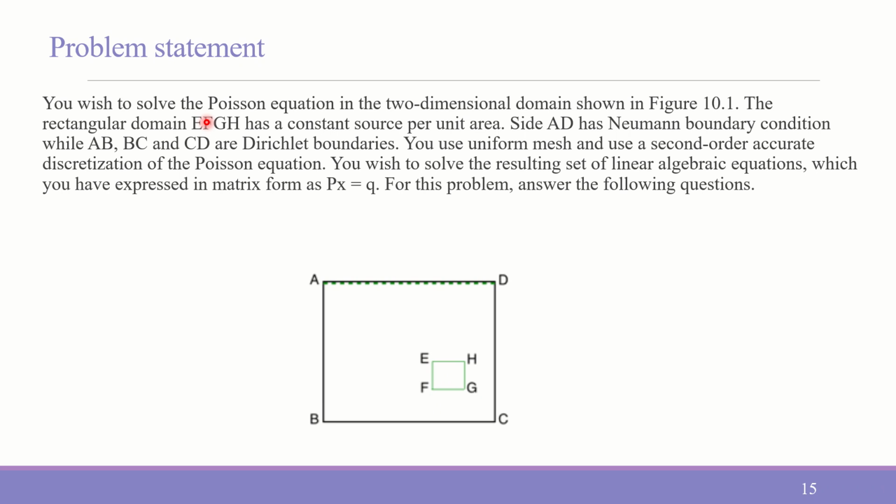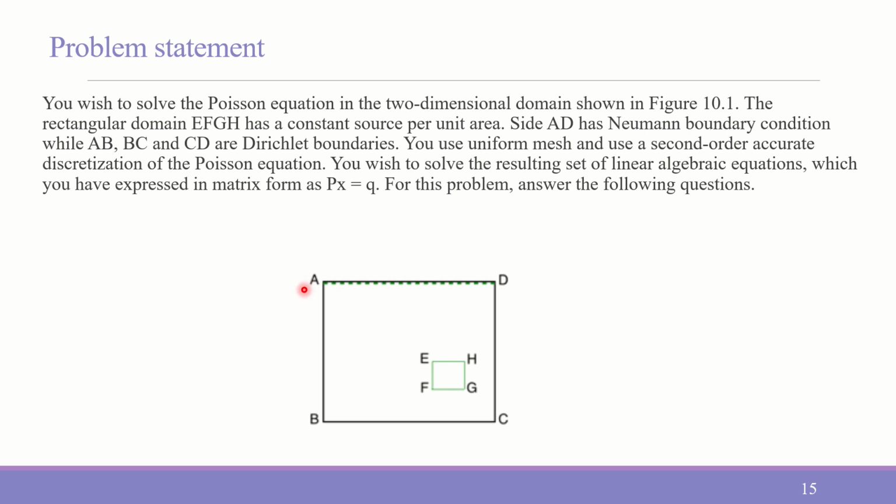You wish to solve the Poisson equation in the two-dimensional domain as shown in ABCD. This is figure 10.1. The rectangular domain EFGH has a constant source per unit area. So inside of this domain ABCD we have one smaller domain EFGH, which contains the source term per unit area.